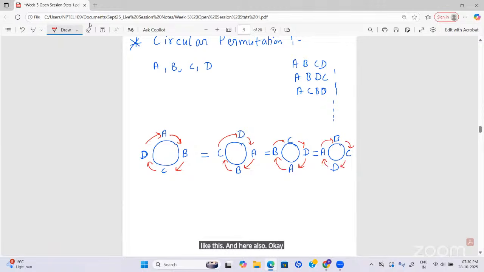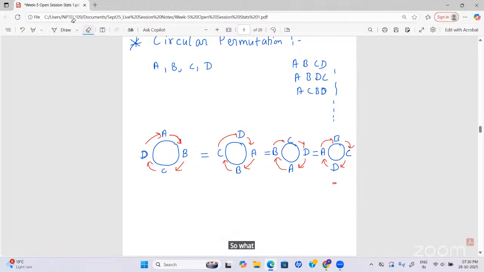Or you can see that next to A, you have B and D. Here also next to A we have B and D, in this arrangement also, and in this one also. So all these four arrangements are actually the same.